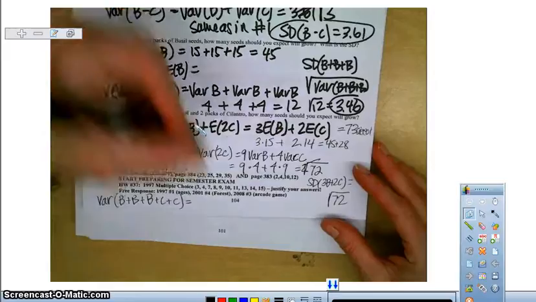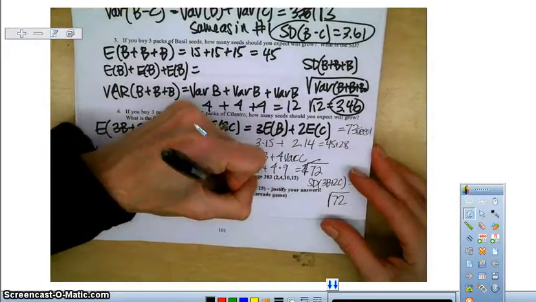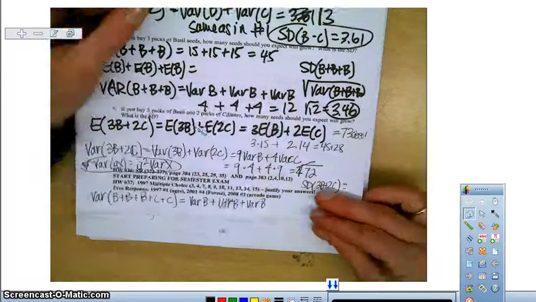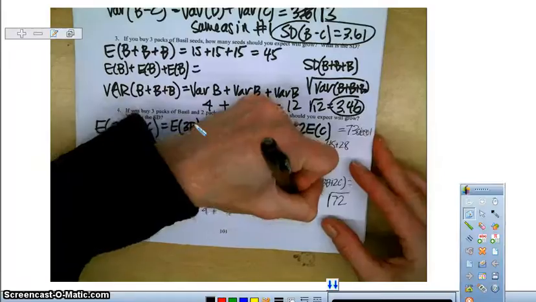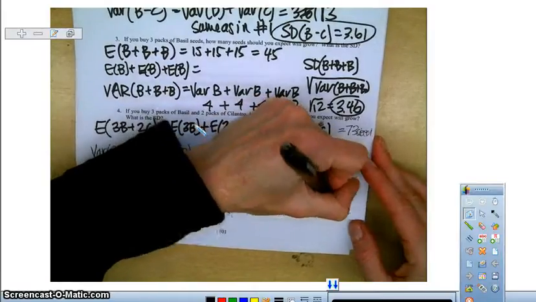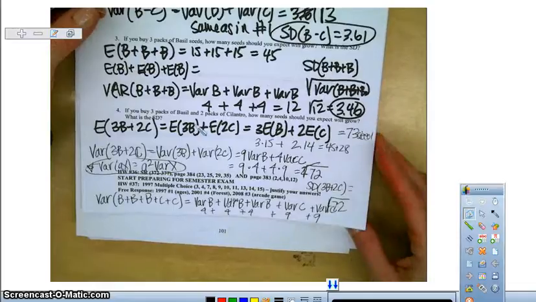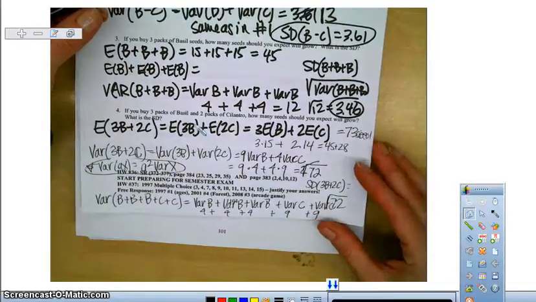So that would be the variance of b plus the variance of b plus the variance of b, which is what? What's the variance of b? 4. So that would not be the square root of 72. What the heck? That's what I got.